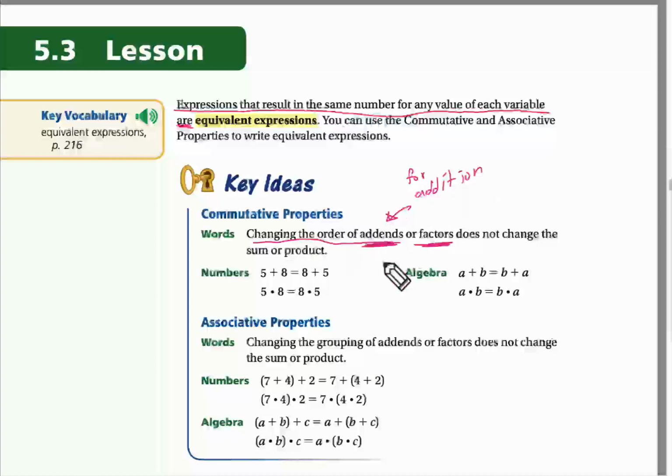So we have commutative property for addition and we have commutative property for multiplication. So changing the order of addends for addition or factors for multiplication does not change the sum for addition or the product for multiplication.